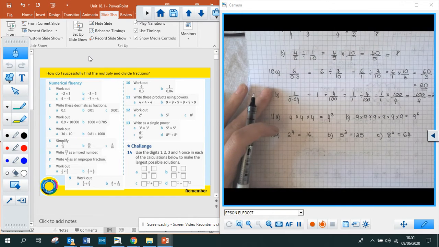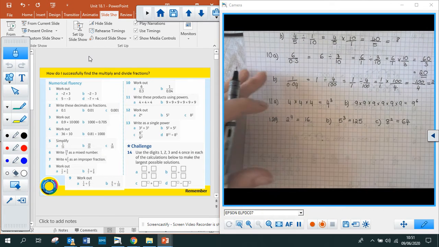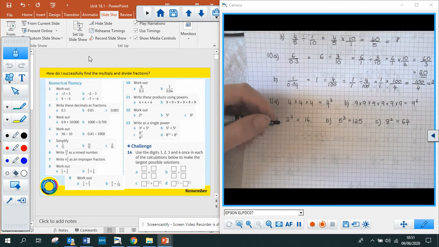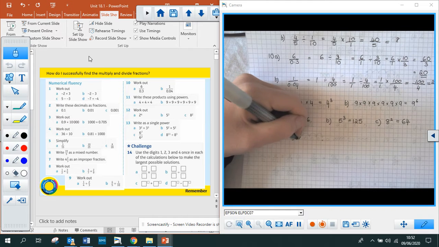Okay? Question 13, I would be surprised if anybody was able to do them, and impressed, well done if you could. But these are now bringing in your laws of indices, so don't worry if you didn't know what to do here. I'll talk you through it briefly, but we're going to be covering it in this unit, okay? So 13a was 3 squared multiplied by 3 cubed.